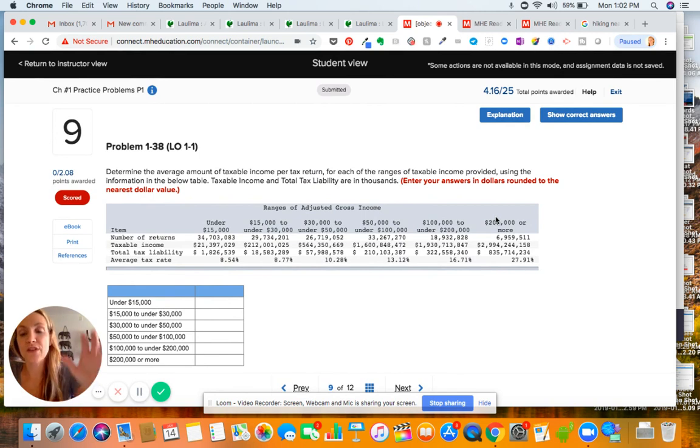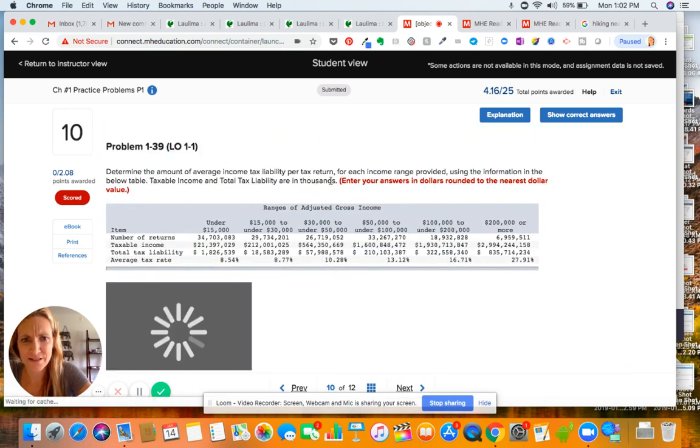But anyway, that's your formula. My mistake was I was adding zeros to the tax return numbers. Only taxable income and tax liability are in thousands, so you need to add 3 zeros, and then you want to divide the amount by return, so total amount of whichever one you're doing.